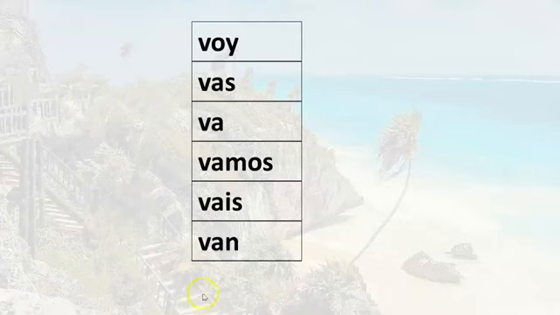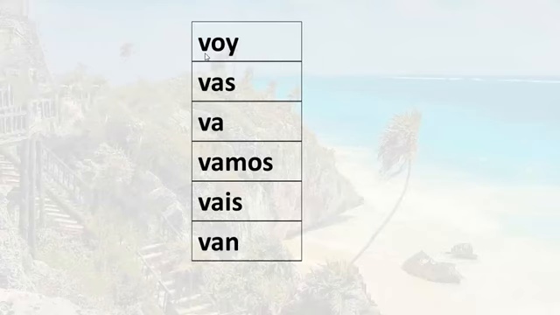Something very interesting and important to note is that the letter V actually has two sounds in Spanish. Many Spanish speakers may not be consciously aware of this, but they pronounce it in two ways. If it's the initial sound, or the sound after a pause, it's pronounced a lot like the English B. So for example, if you want to say I go, you might hear some Spanish speakers say boy, boy, boy.